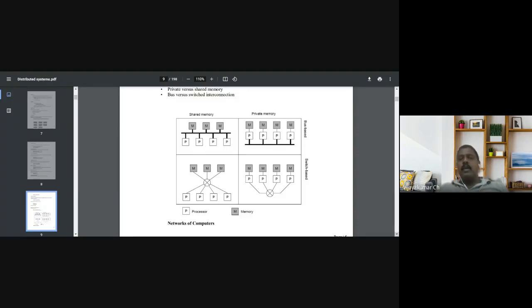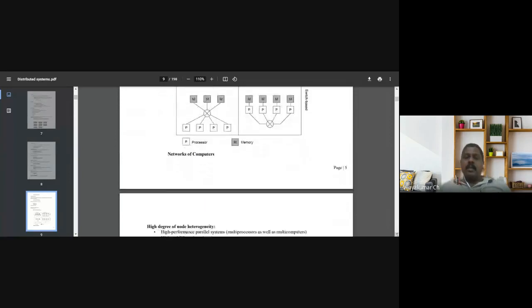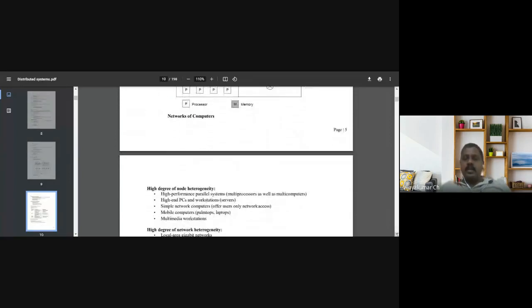In private memory, every processor has its individual memory, so every processor's work will be loaded into its respective memory. This is all about the network of computers.